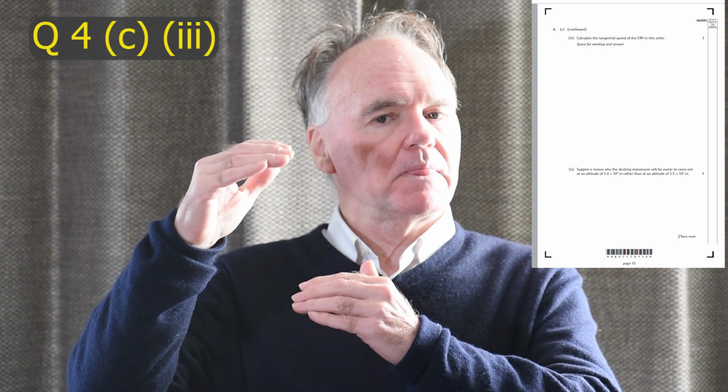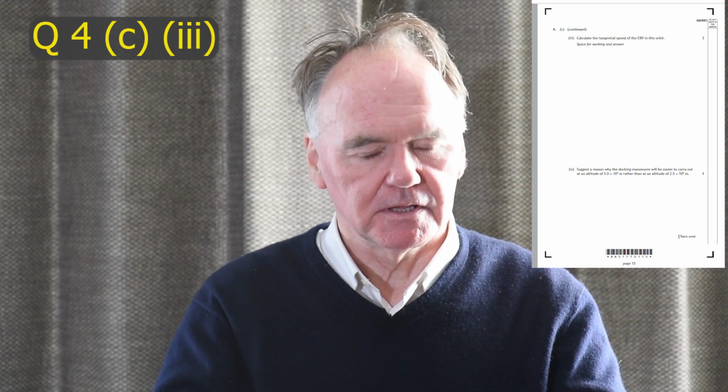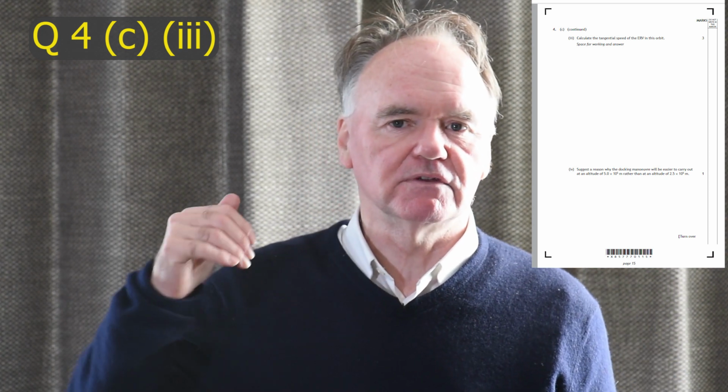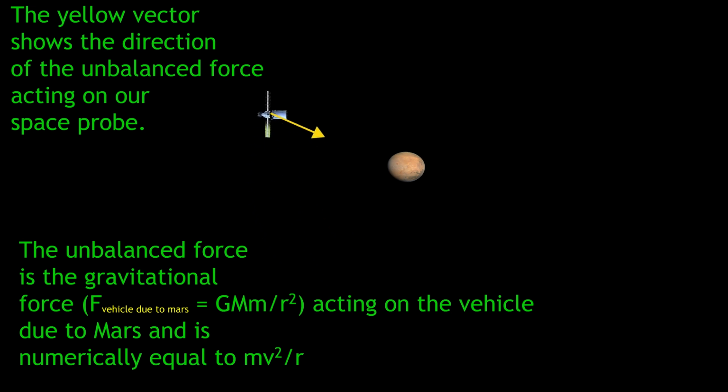And that's equal to big G, big M, little m divided by r squared, where big M is the mass of the planet and little m is the mass of the vehicle. So we equate these things together, the mv squared over r and the force, because they're both the same thing. Solve it for v and you get v is equal to the square root of big G, big M divided by r.